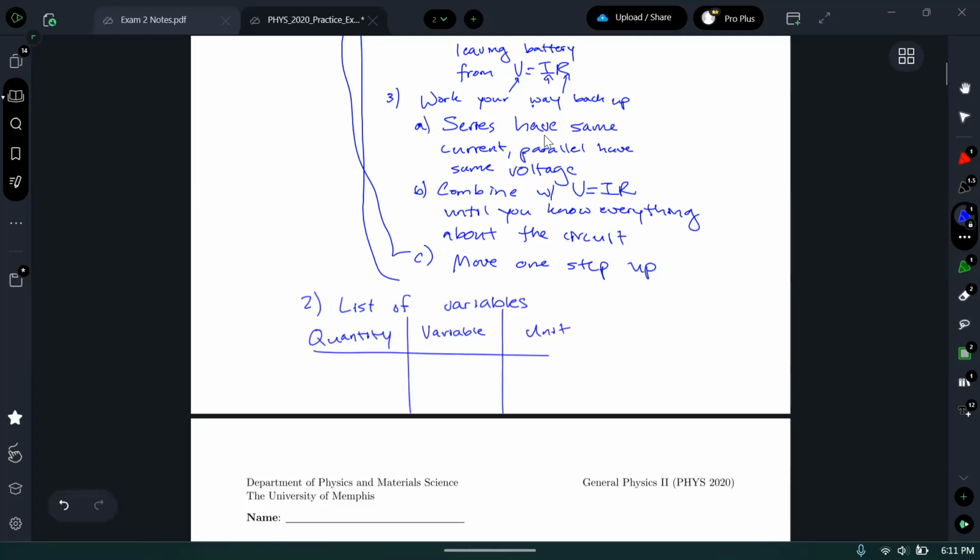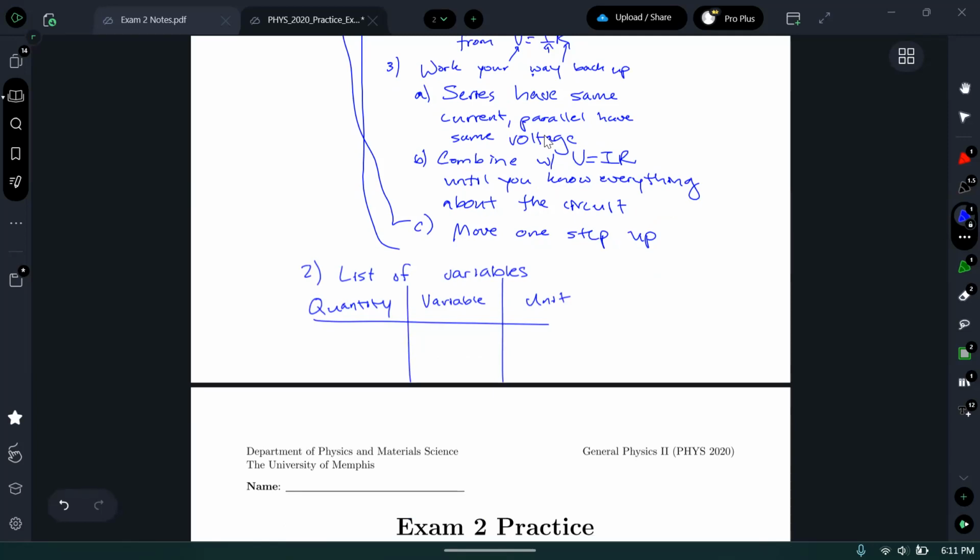I just went through chapter 20 and did this for every commonly seen variable. I would see charge, I always use Q, and the unit is always coulombs, C. Current, we use I. The units are amperes or amps, abbreviated A, and so on and so forth.